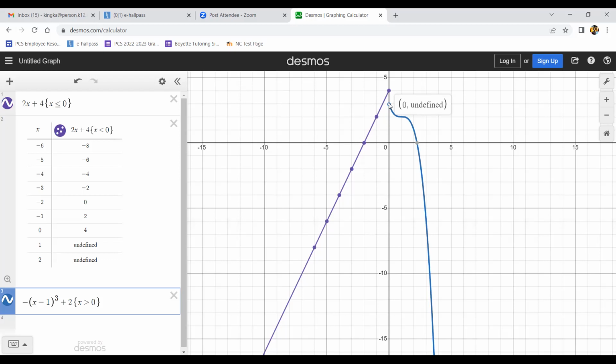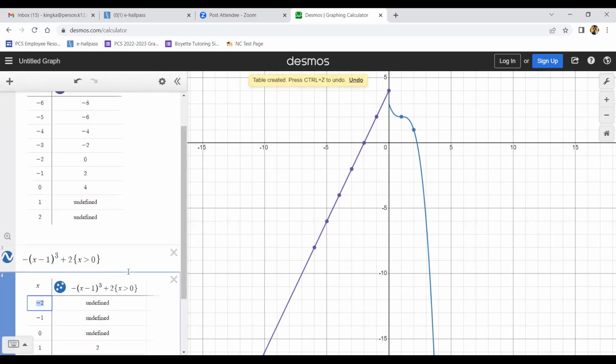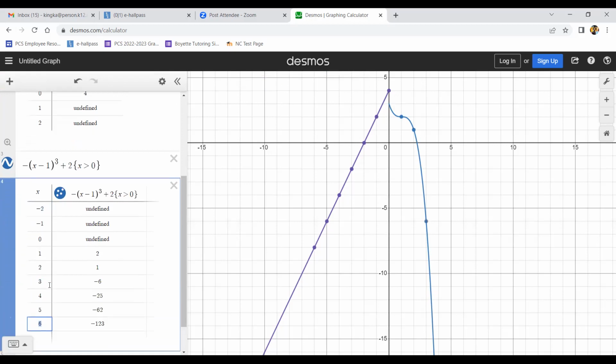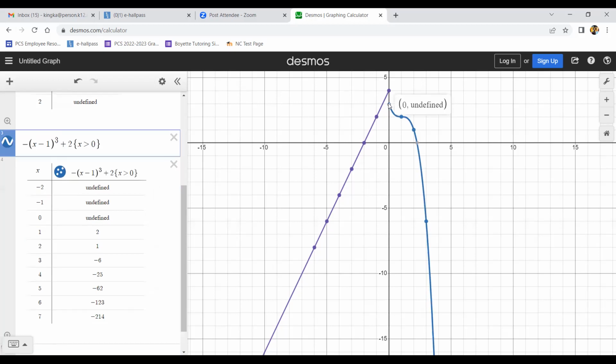Okay. And then I'll do the other points too. So I'm going to go in here, click on the gear, get my table pulled up. Here's some more points. 1, 2, 2, 1, 3, -6. So we got that point that's not filled in.